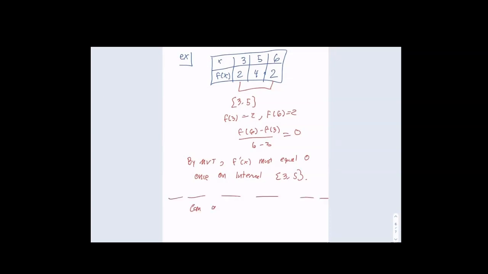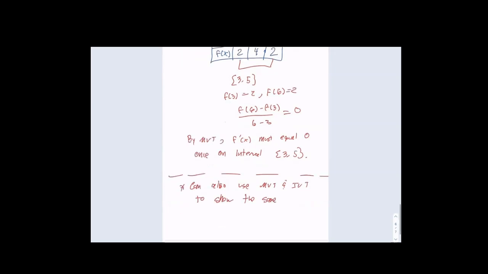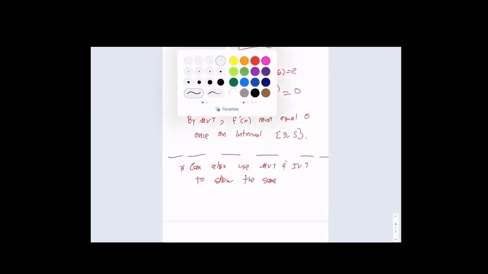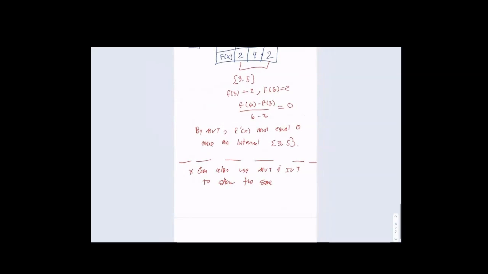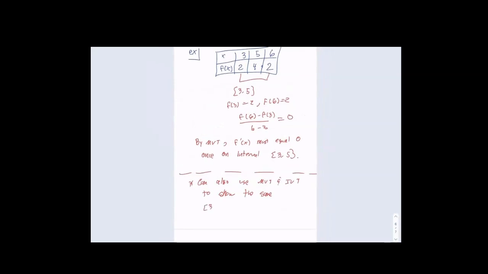We can also use MVT and IVT to show the same. And here's what I mean by that. On the interval 3 to 5, the slope is greater than 0.